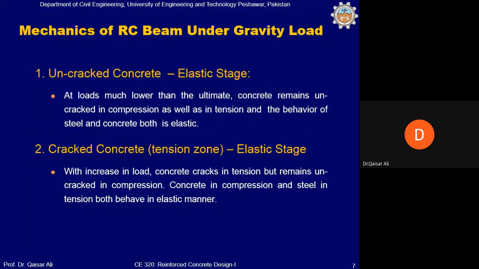The next question from my side to you is: if a crack appears in a wooden beam, what would we naturally like to do with this beam? Let's say the beam is made of timber. This is a timber beam, and a crack appears.